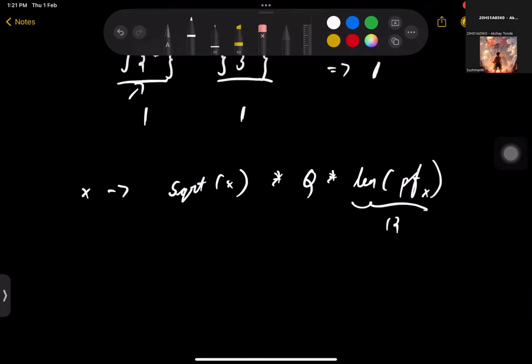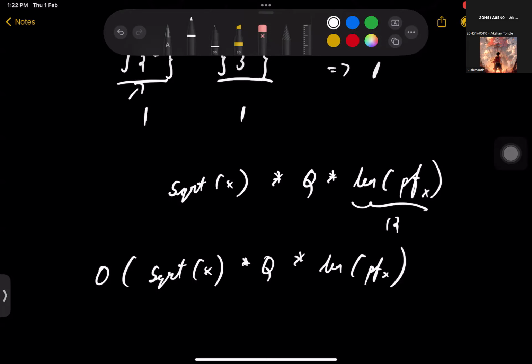So from this, we can say that time complexity is big O of square root of x into q into prime factors of x. This is per test. And this is sufficient enough as test cases are just 1000 and x can be up to 10 power 9 in the worst case.